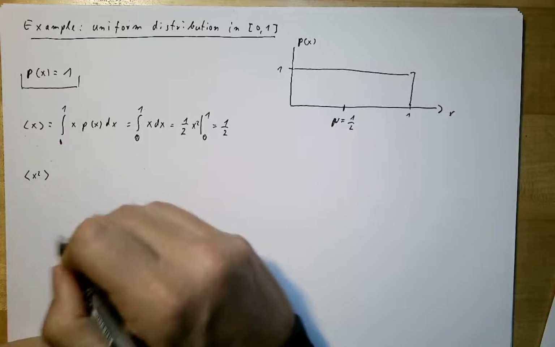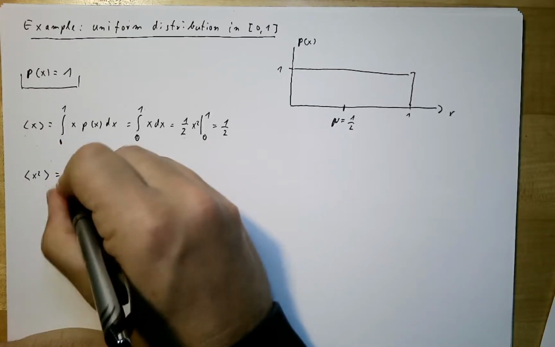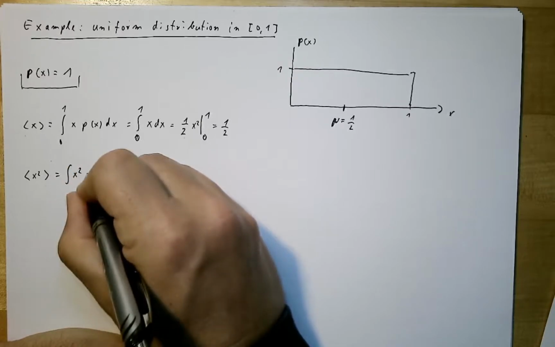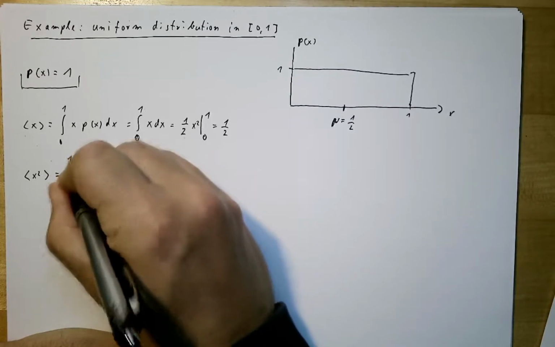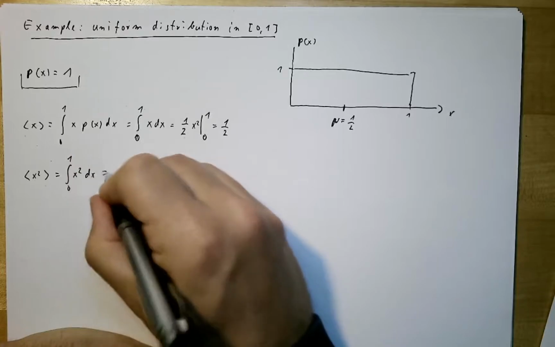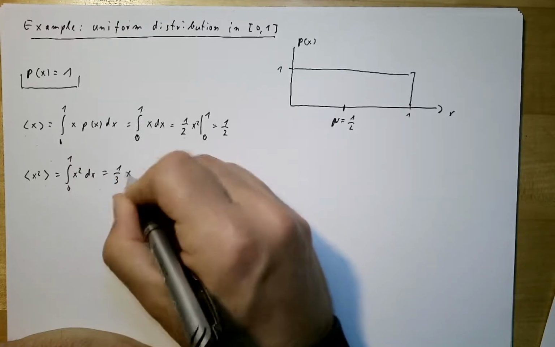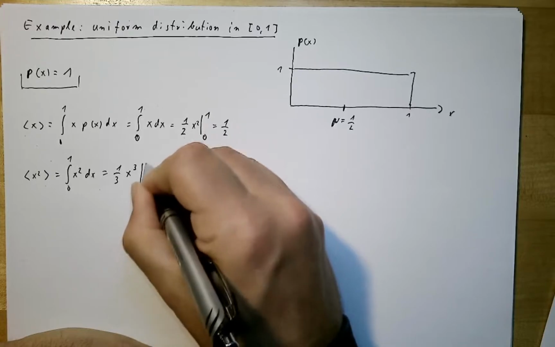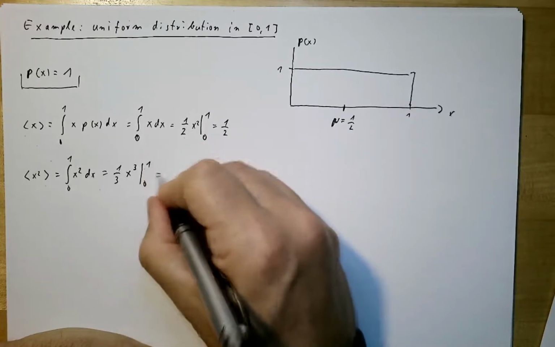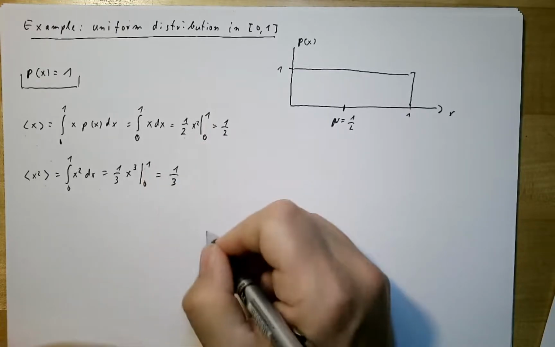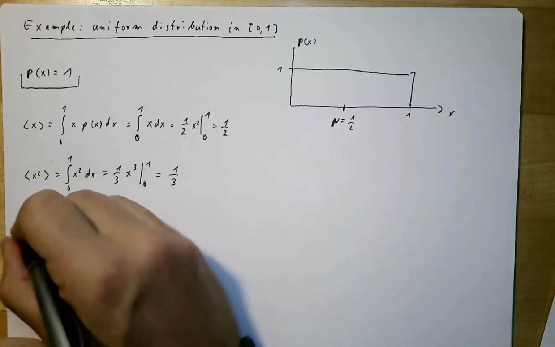First I calculate the second moment. So now I have to integrate x squared in this range. This is 1 over 3 x to the power 3 between 0 and 1, and this is 1 over 3. And now we calculate the variance.